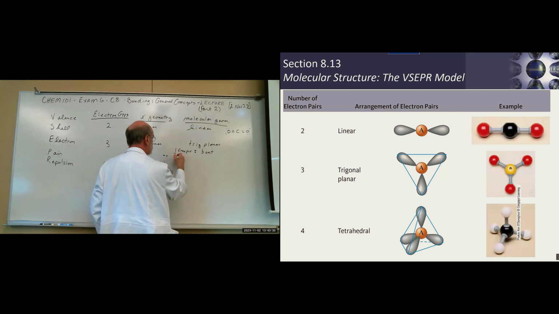Two lone pairs equals linear, right? If this turns out to be a lone pair and a lone pair, then that's the only possibility. It's a linear molecule. With four electron groups, the electronic geometry is going to be tetrahedral.